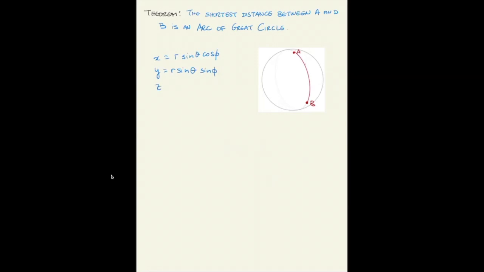And z is r times cosine theta, where theta is the meridional angle and phi is the azimuthal angle.